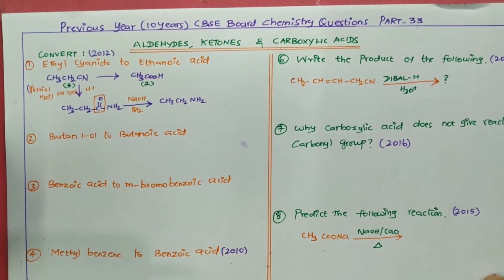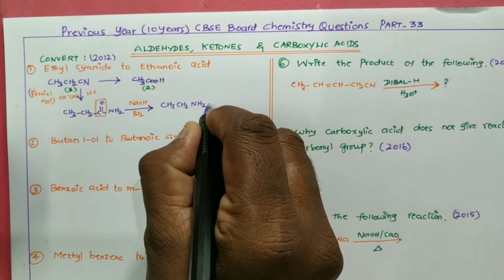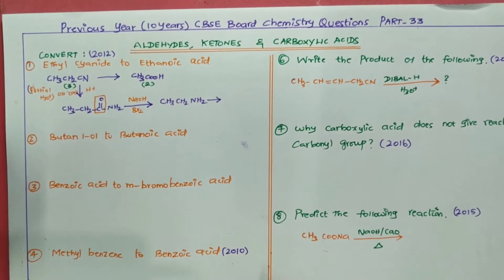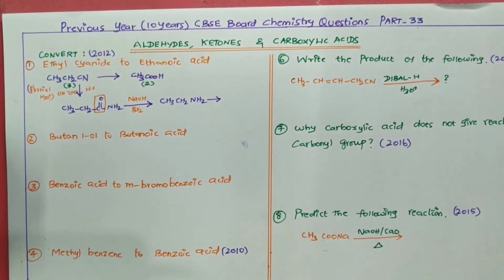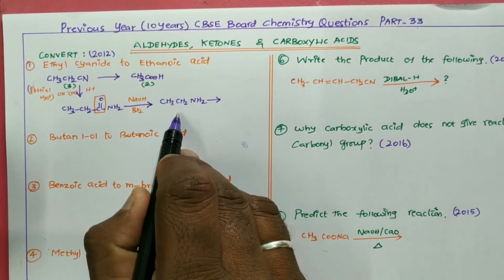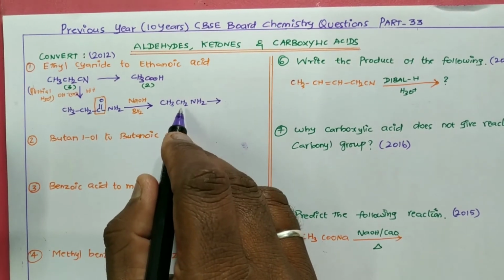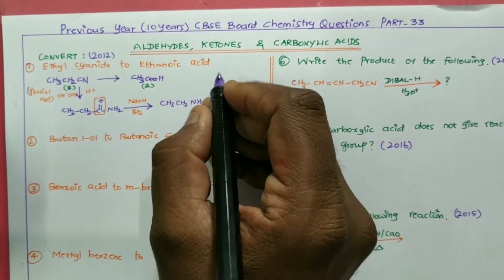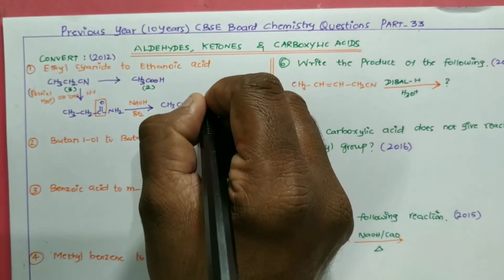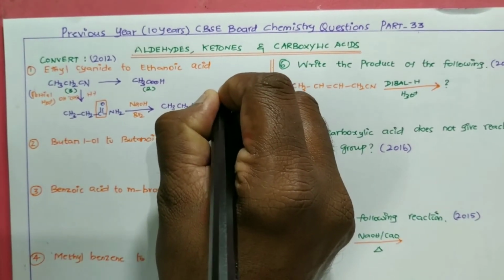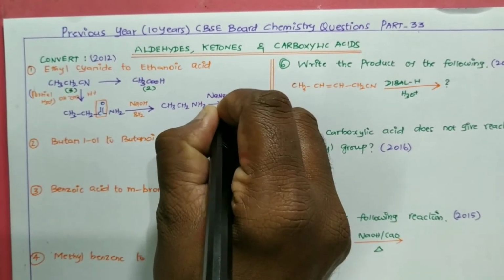bromamide degradation. So once I got an amine, but I need to convert it into acid, we have to convert this into alcohol. How can we convert it into alcohol? Here I have to use NaNO2 and HCl.